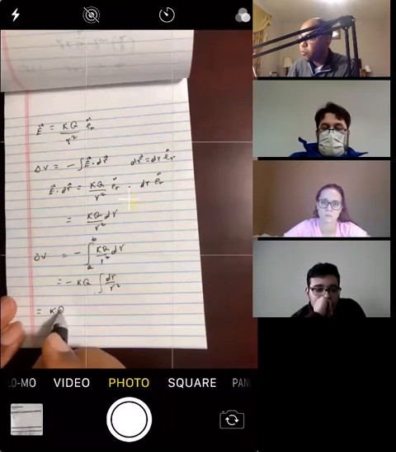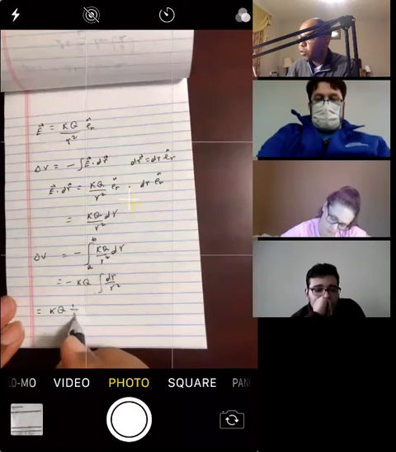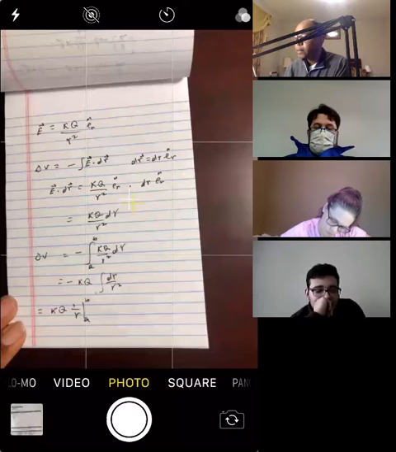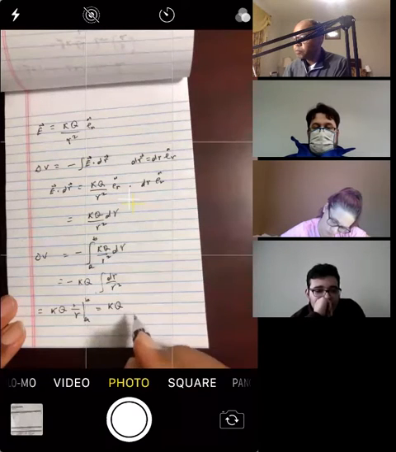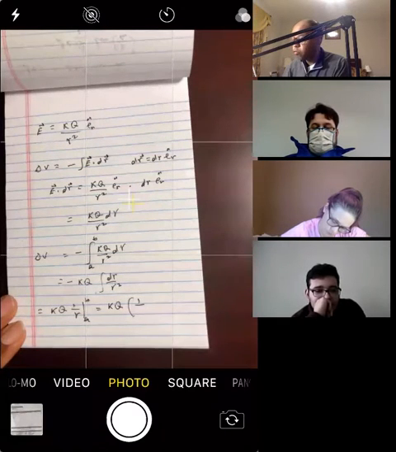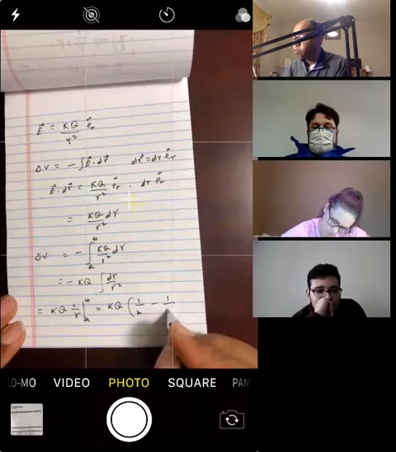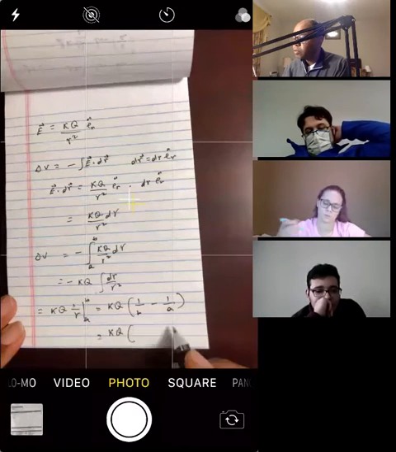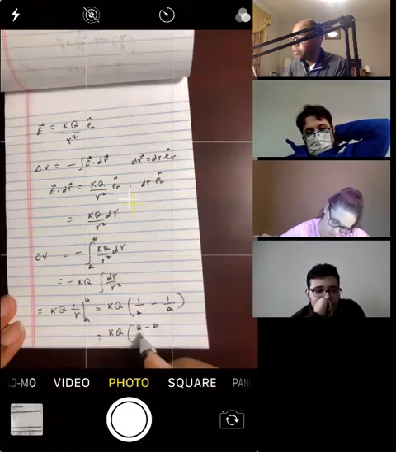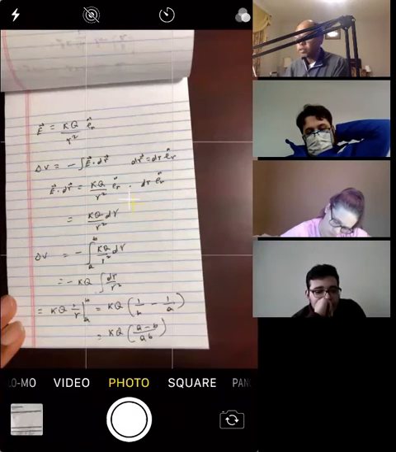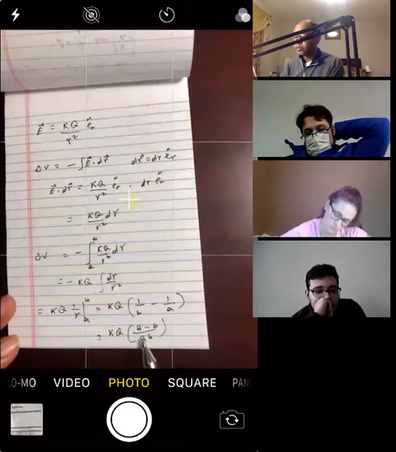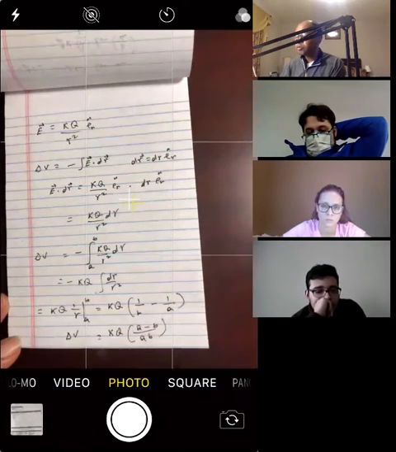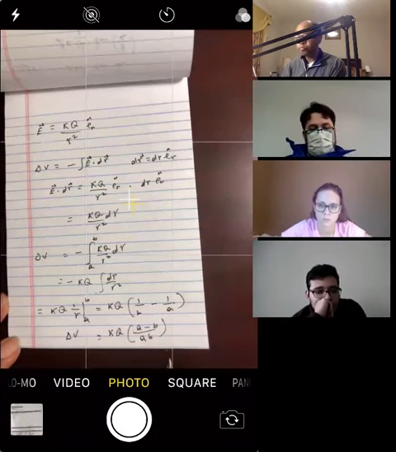So you've got kq times 1 over r going from a to b, which gives kq times (1 over b minus 1 over a). That is kq times (a minus b) over ab. This is negative because a is smaller, but we're not interested in the sign, so we take the absolute value and put b in front.